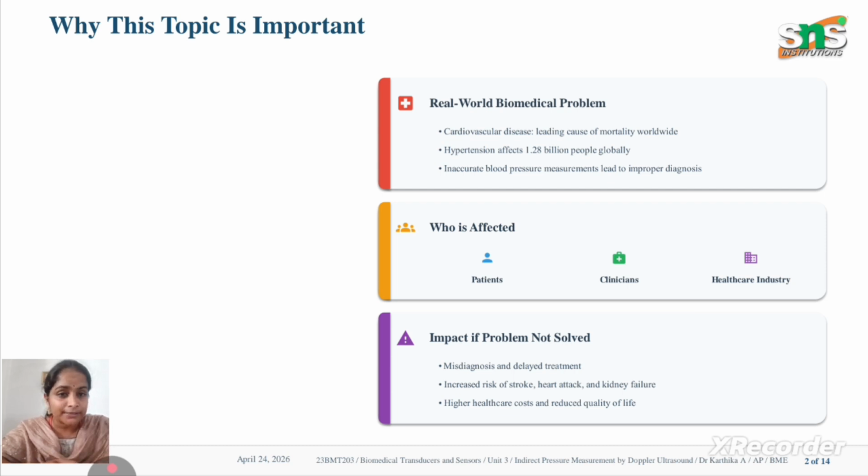The affected persons are patients, clinicians, as well as the healthcare industry. The impact is misdiagnosis and delayed treatment, increased risk of stroke, heart attack, and kidney failure, higher healthcare costs, and reduced quality of life. So, we need to incorporate blood pressure measurement methods.